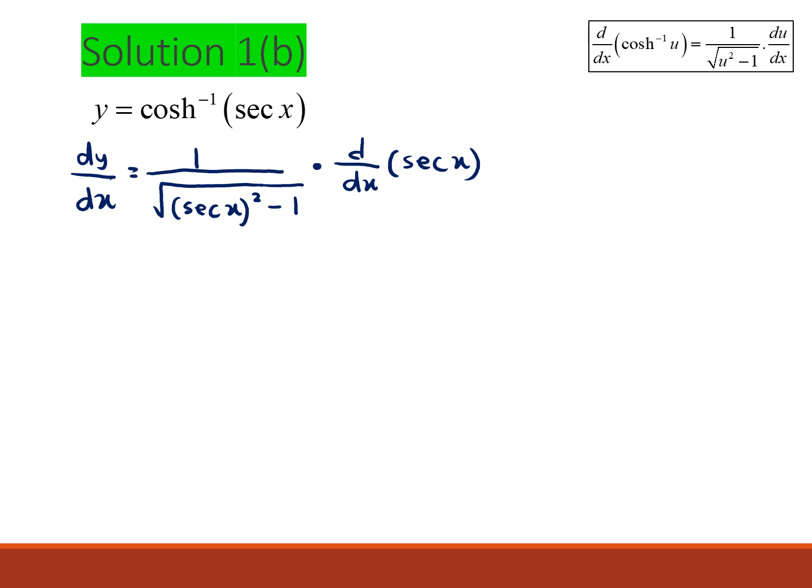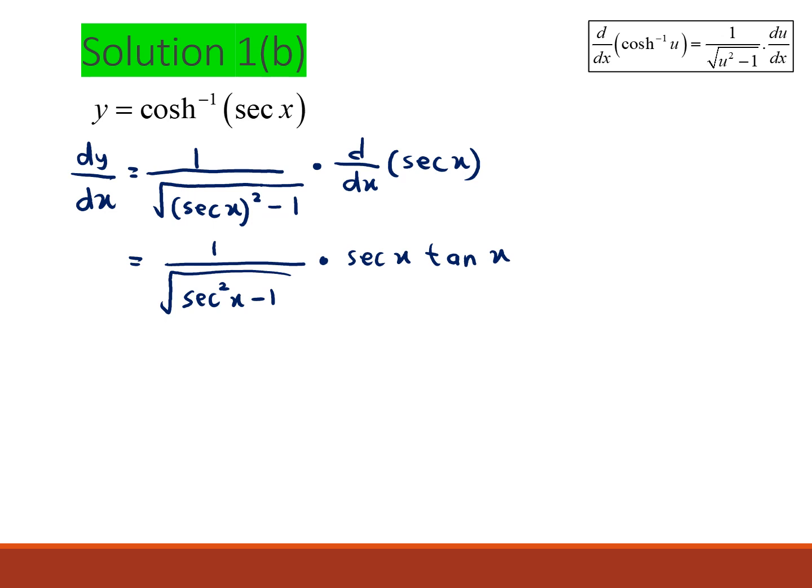So next we rewrite this, where this will be square root of secant square x minus 1 times the derivative of secant x, which is secant x tangent x.